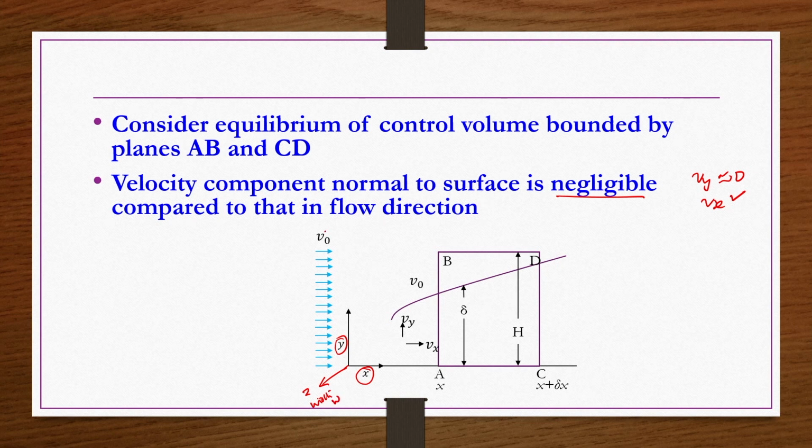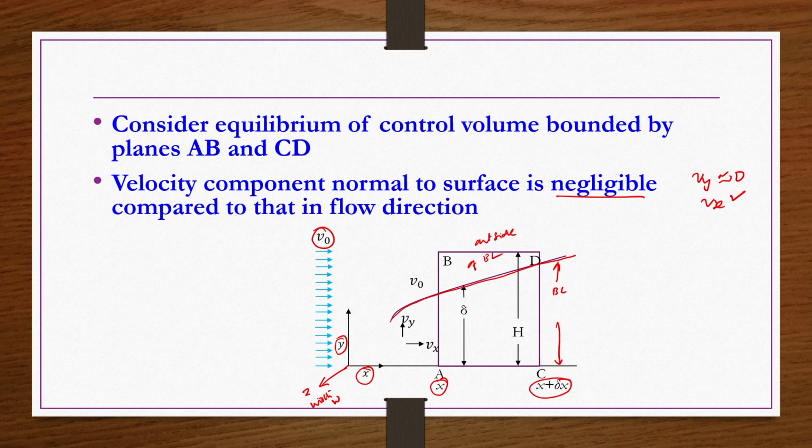The fluid is coming at free stream velocity V naught. A is located at some x distance, and C is located at x plus delta x, or x plus dx, location. B and D are outside of the boundary layer. Whatever this line is, it indicates the boundary layer, and within this region only.